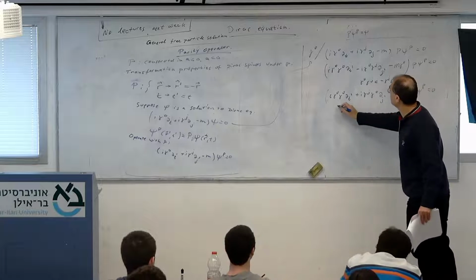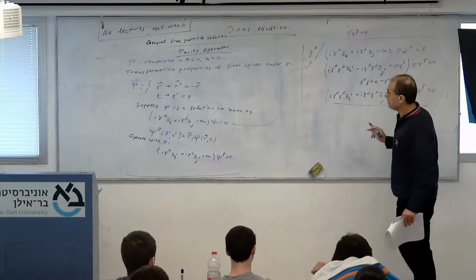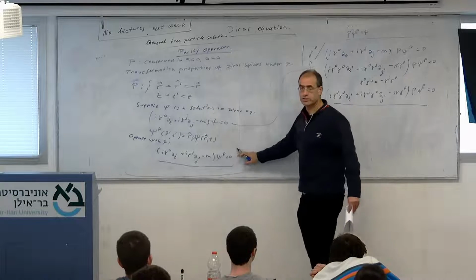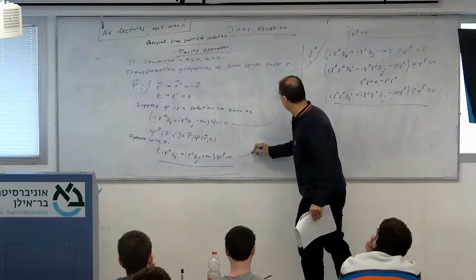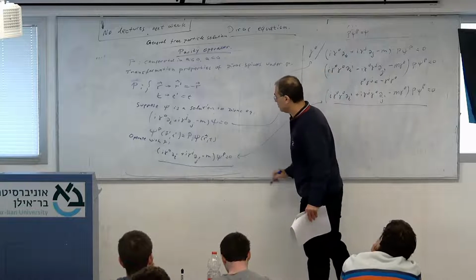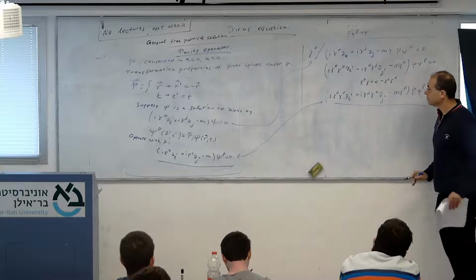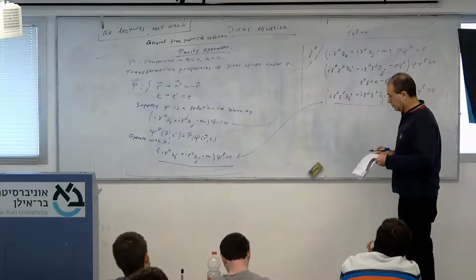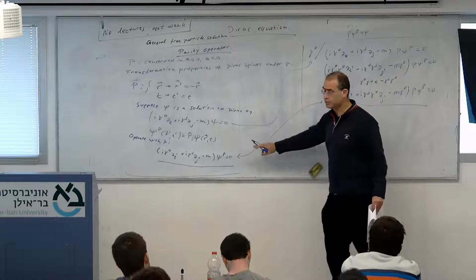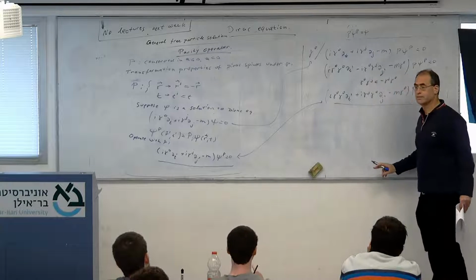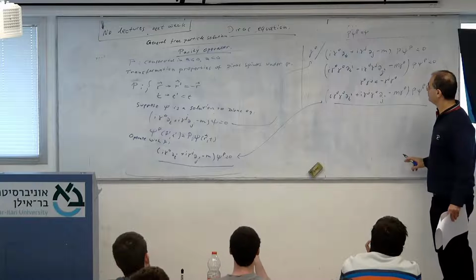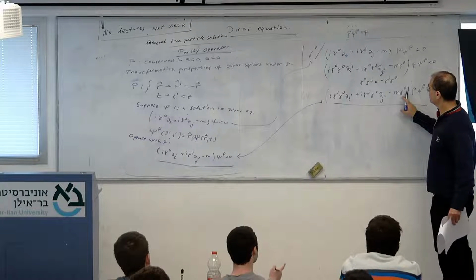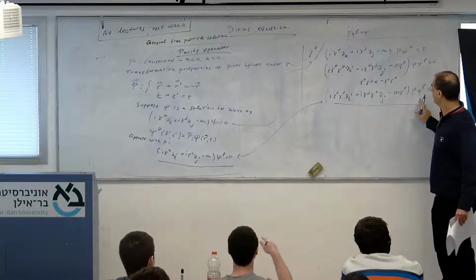Okay, so I have this equation, and I have this equation. These two equations should be identical. So, in order for these two equations to be identical, what do we get? Gamma 0 p psi p equals psi.